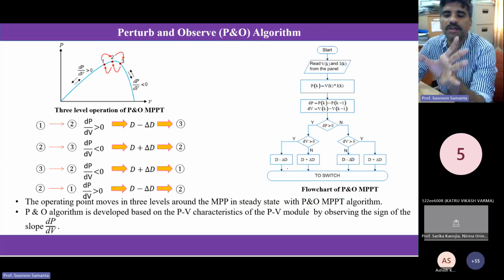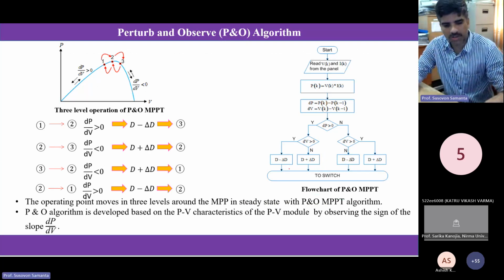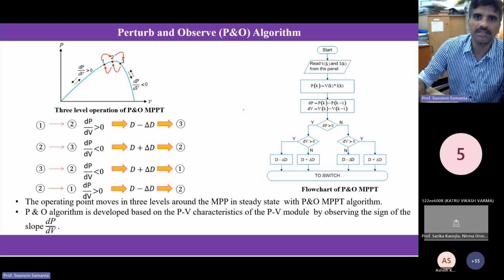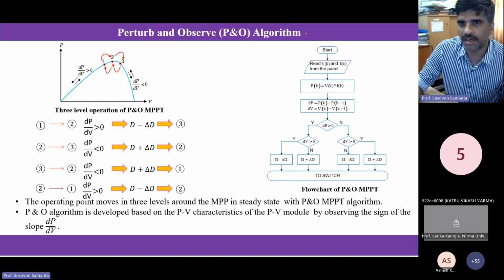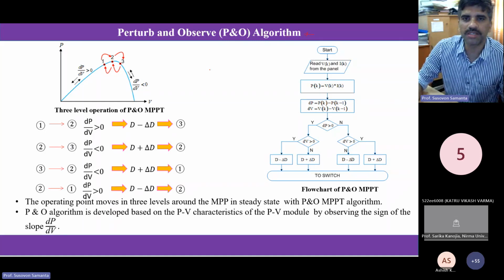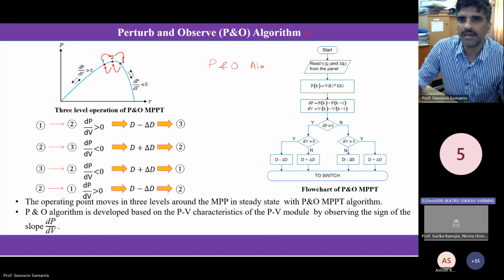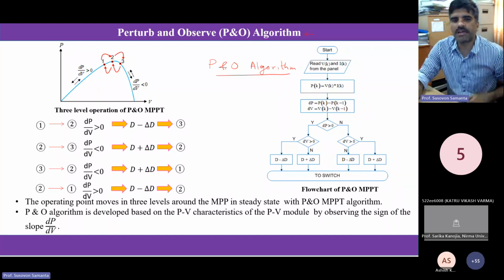So what most people are using in almost all commercial applications is the perturb and observe algorithm, which is basically the P and O algorithm. So what is this P and O algorithm?